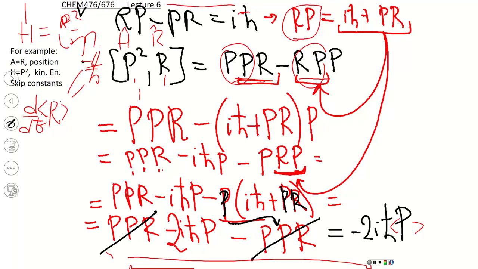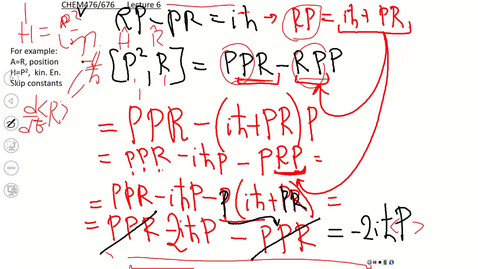I have a question. Please. How are we defining A? I know R is our position. Are you saying A is equal to R? Yes, correct. So what is A? I guess I'm trying to understand that. A is an arbitrary operator.